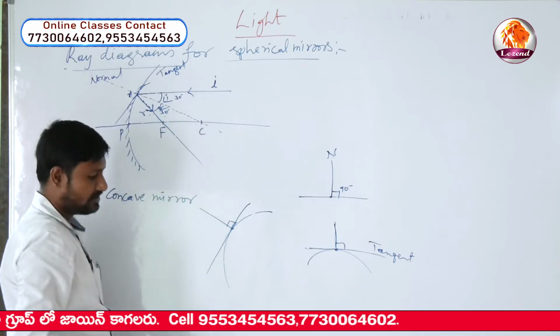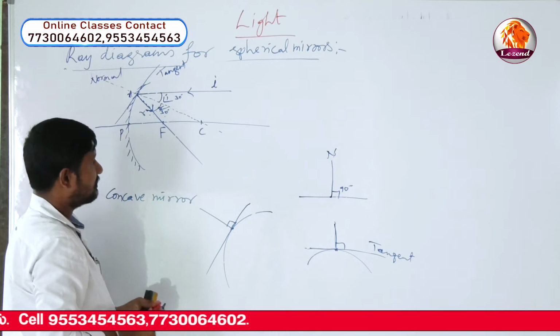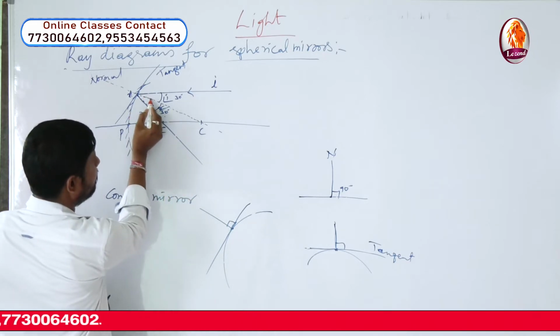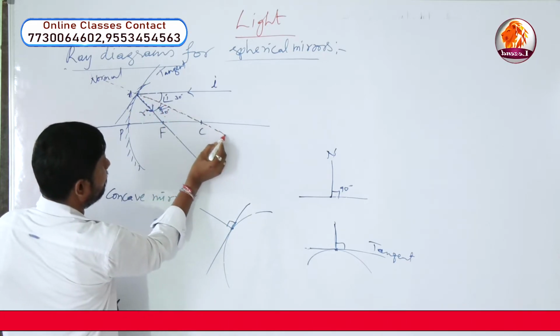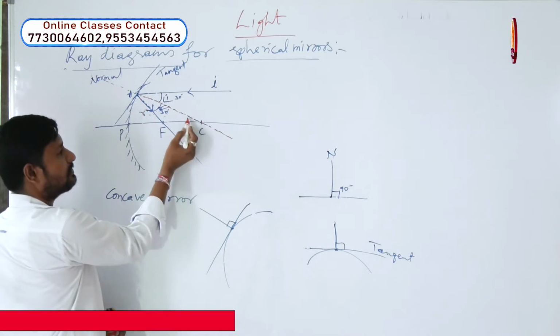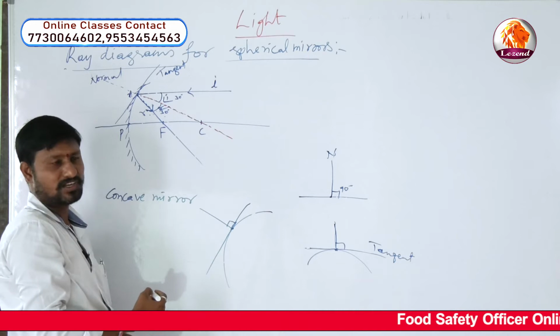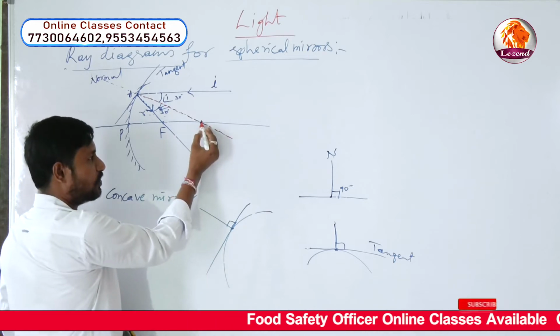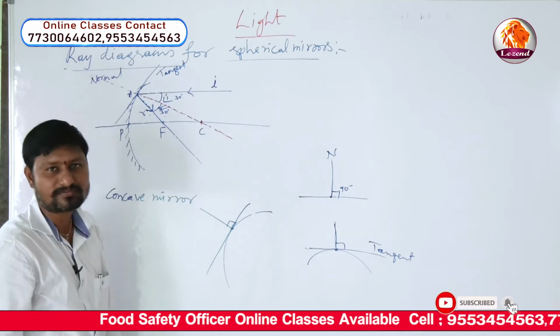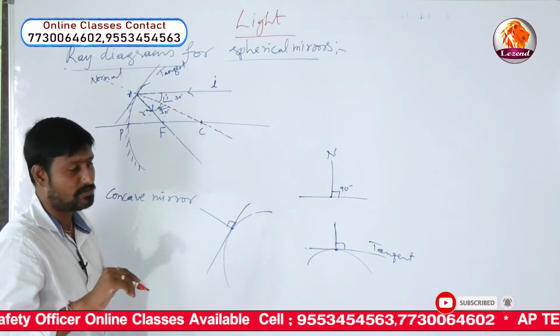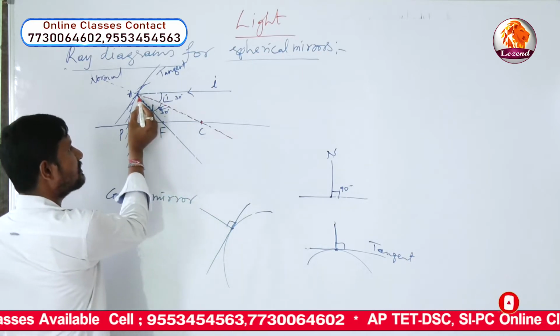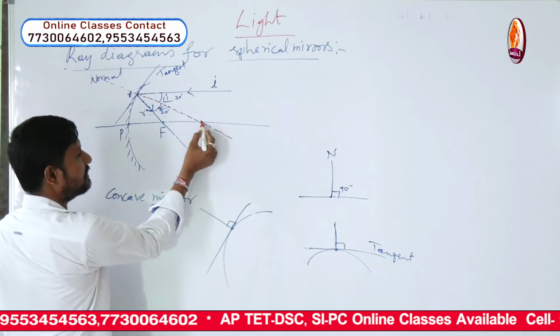What do you notice here? The same normal I am showing with red dotted lines. Here, this is the normal. The same normal I am extending. If I extend, it is passing through what? The center of curvature. This is the important point we have to observe. This is the point of incidence, and this is the center of curvature.